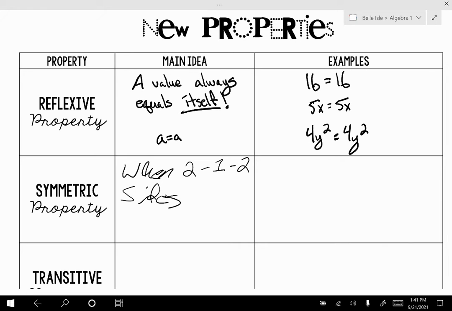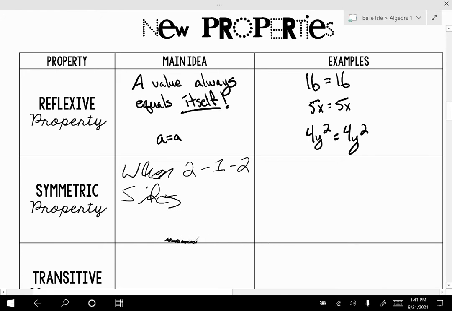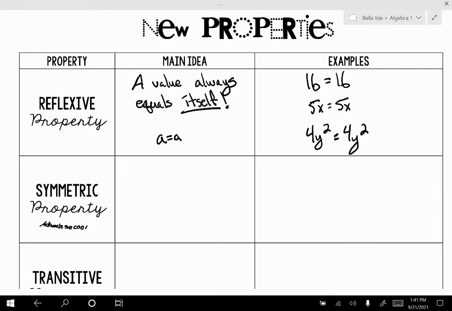When both sides of the equation are equal. Was I right about that? I wouldn't say you were wrong.